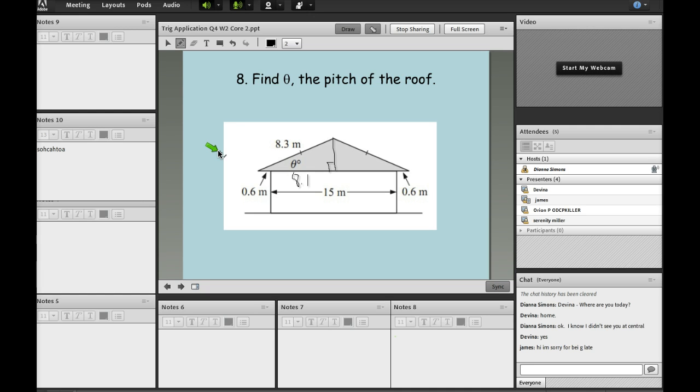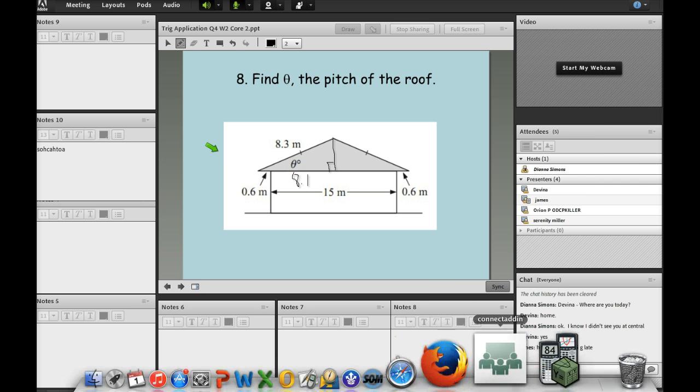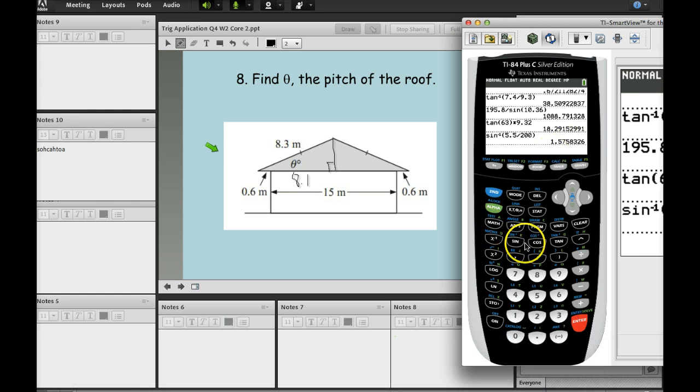Okay. And am I going to use sine, cosine, or tangent? Which one do you think? Serenity said cosine. Okay, cosine, because we know the adjacent and the hypotenuse. Alrighty, so let's do that.